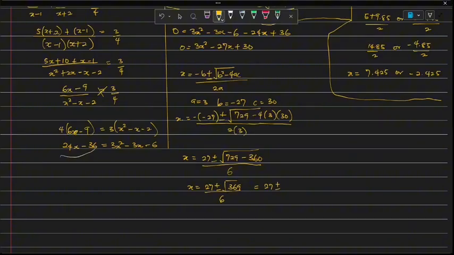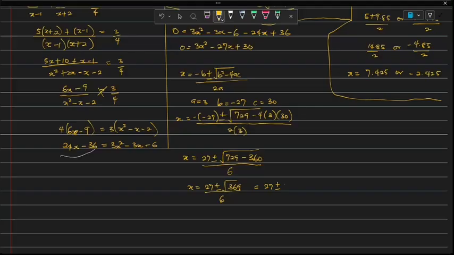27 plus or minus. So the square root of 369 is 19.2.